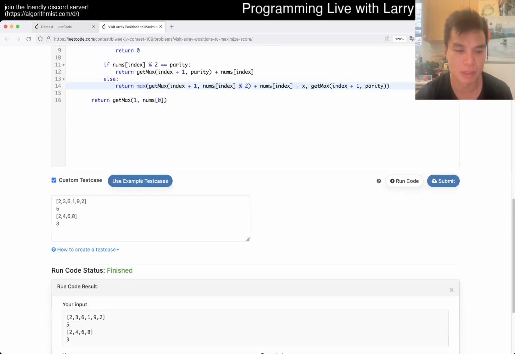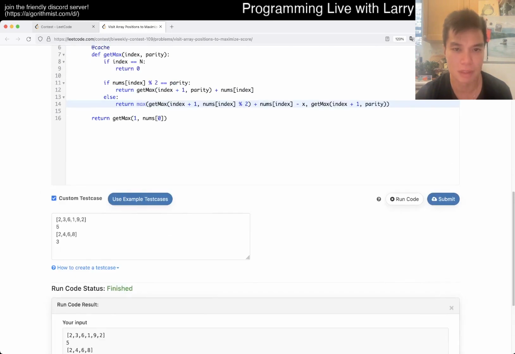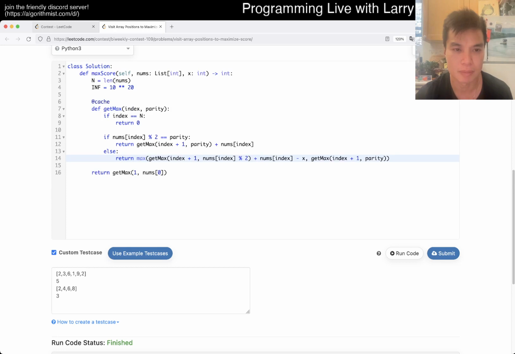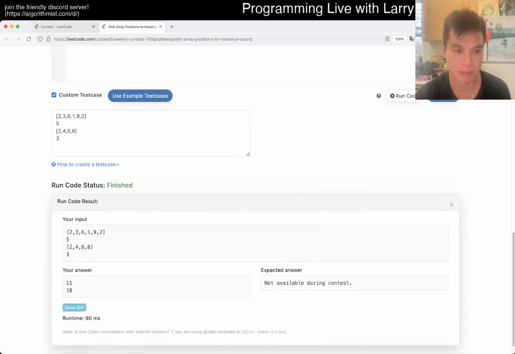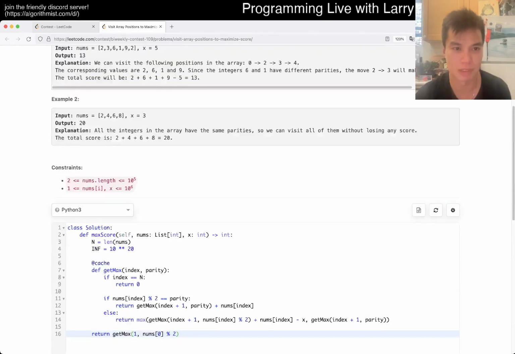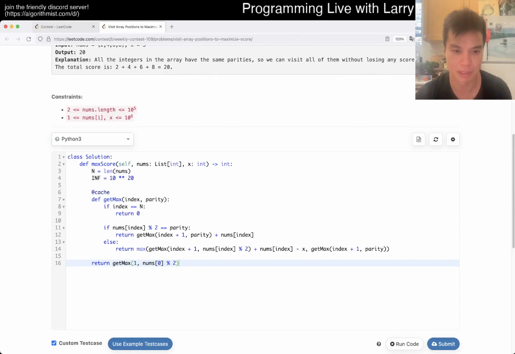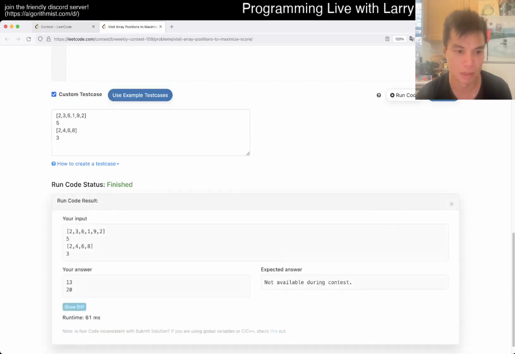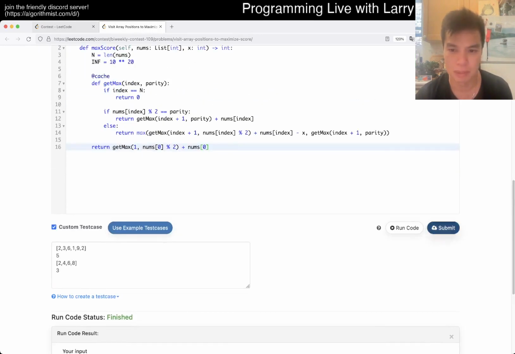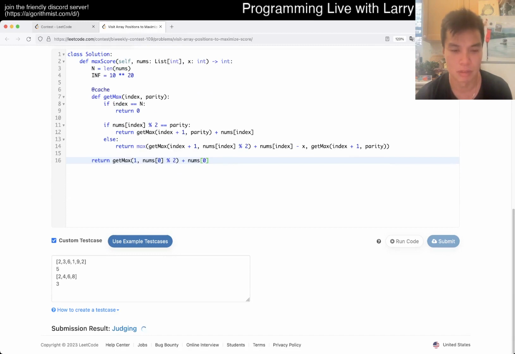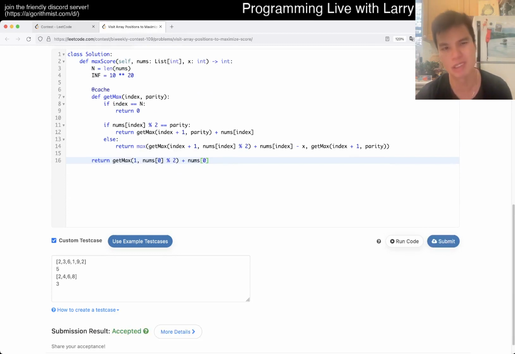How am I going to get this one wrong? Oh, whoops. That's why. Okay, well, that's one reason why anyway. Oh, and this is this plus nums. Oops. I'm just hitting all sorts of edge cases. Yeah, so that would have been pretty quick. Yeah, so I should have done it that way.